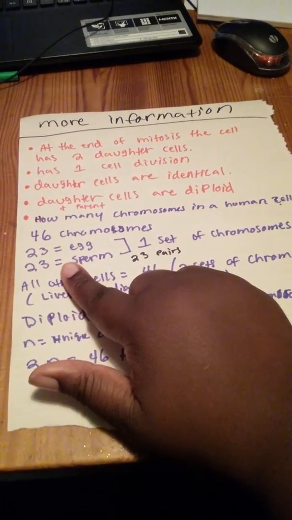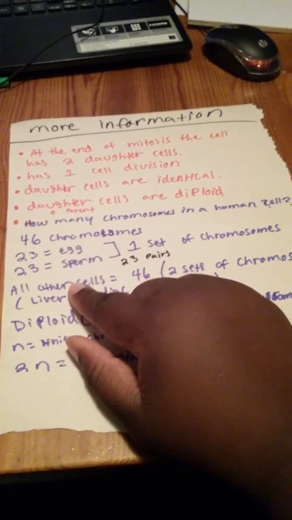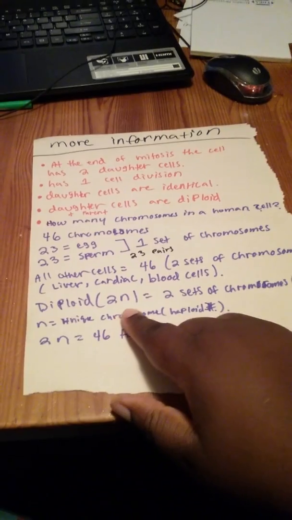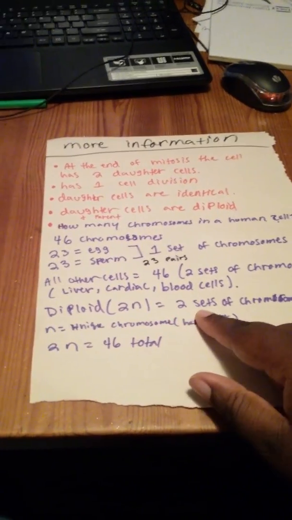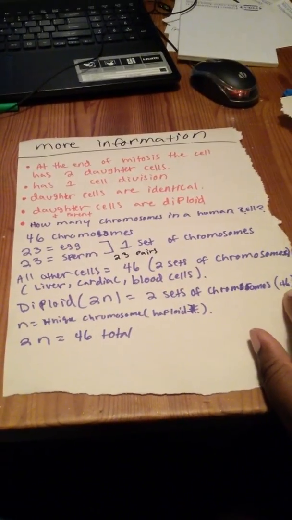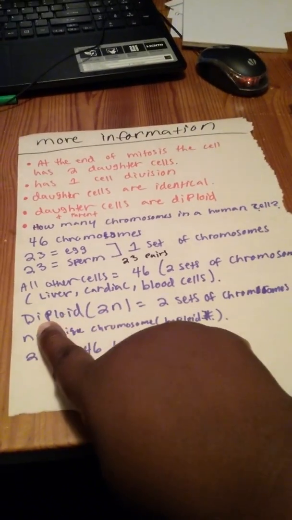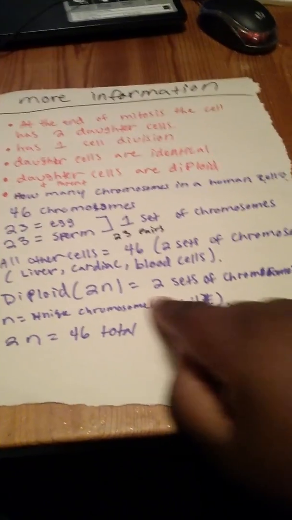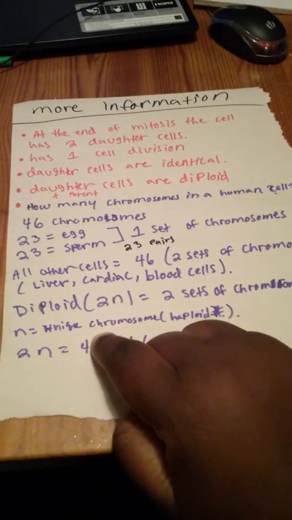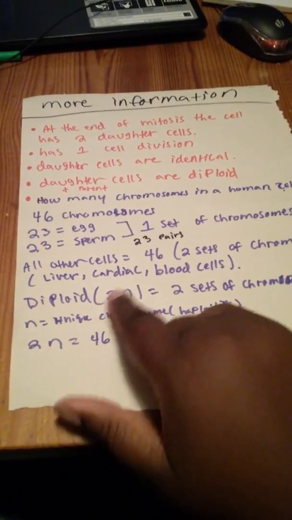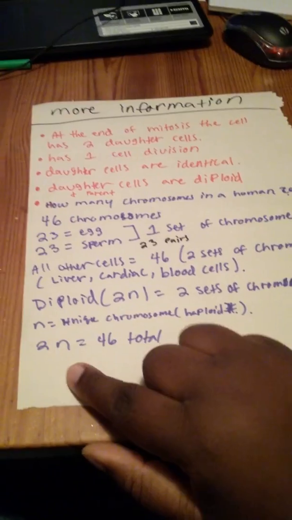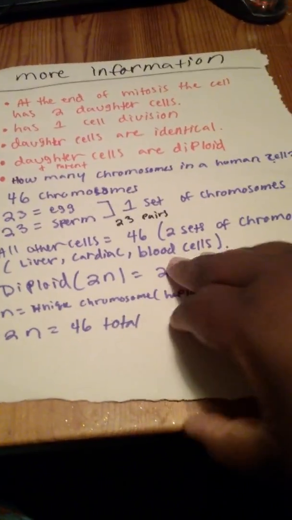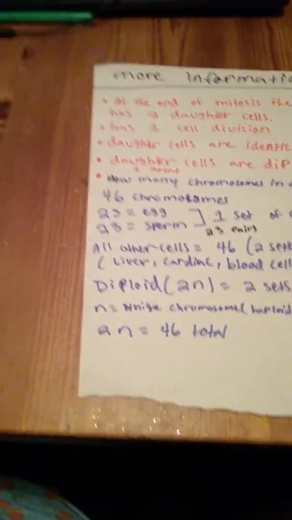Diploid is two sets of chromosomes, which equals 46. N is a unique chromosome haploid number, so N is haploid. Within that you have one haploid. 2N equals 46 total. And that's all I have, I think.